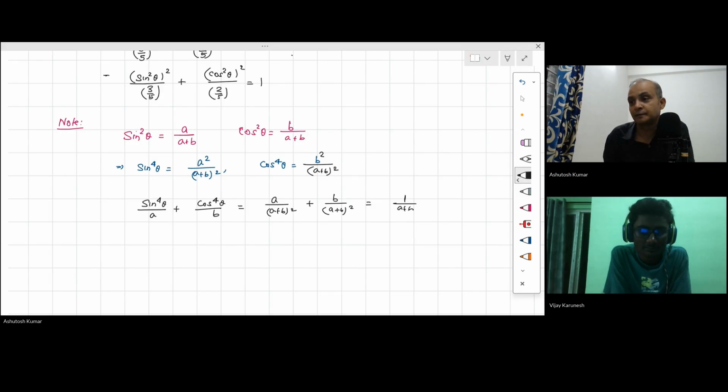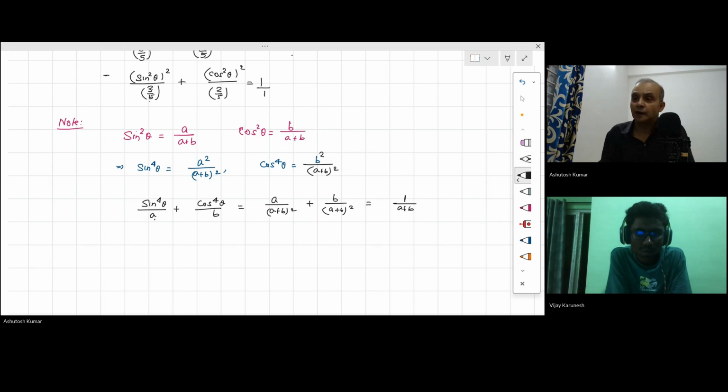It means whenever you see sine to the power 4 theta by a plus cos to the power 4 theta by b is equal to 1 by a plus b, we can directly take sine square theta as a by a plus b. And it is happening there. You see, this 1 is nothing but 3 by 5 plus 2 by 5.